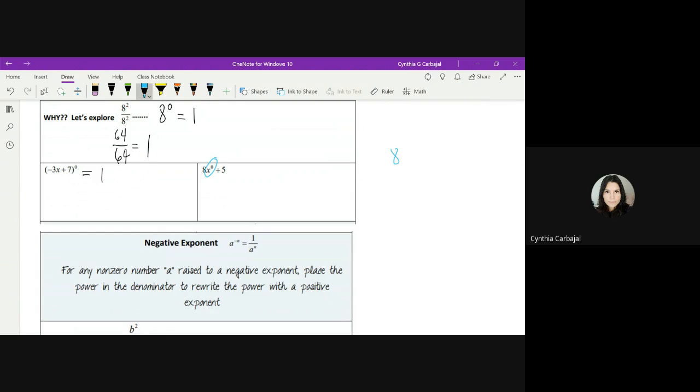If it was like this with parentheses, then it would belong to both of them and the whole thing goes to 0 like it went here. But because there are no parentheses, it means that only the x has an exponent of 0. So that means we're going to have 8 times 1. That x to the 0 goes to 1. Well, 8 times 1 is just 8. And then you add a 5. 8 plus 5 is 13.